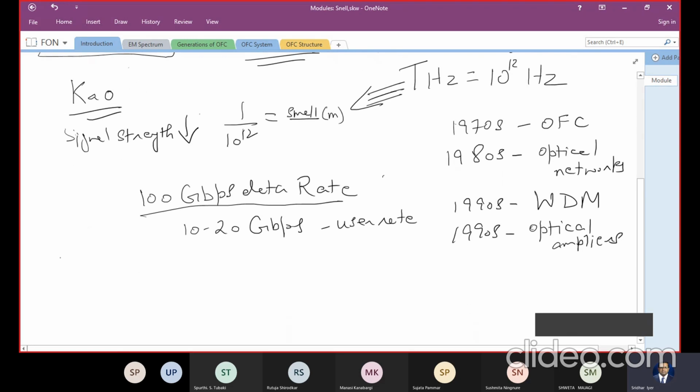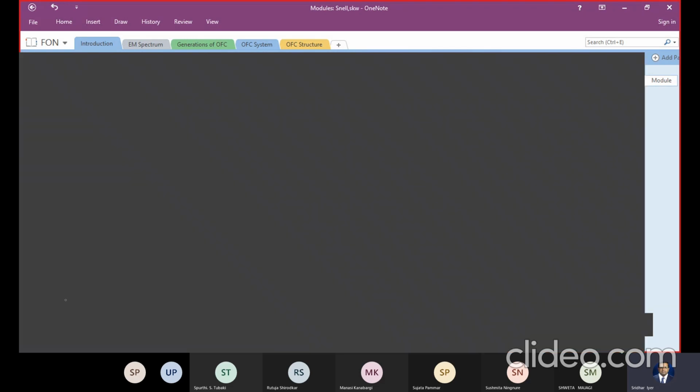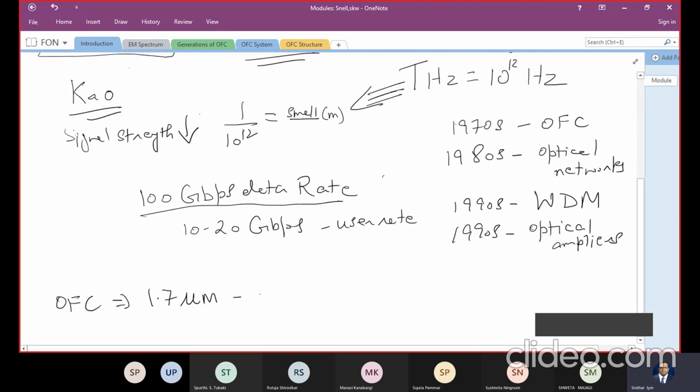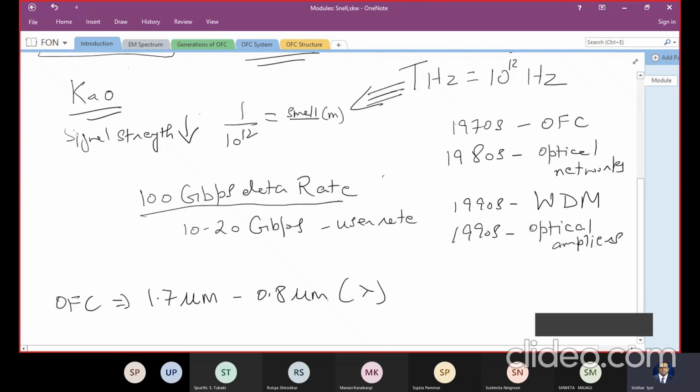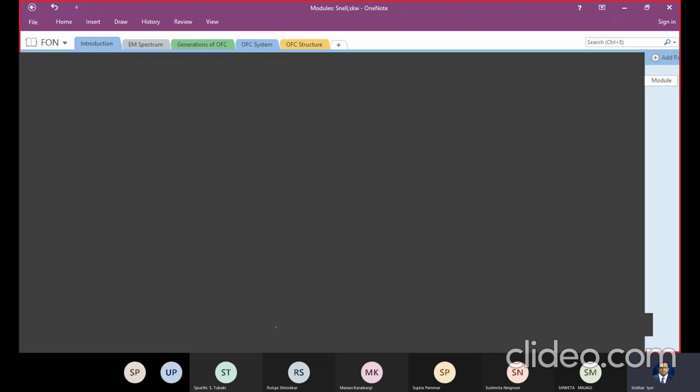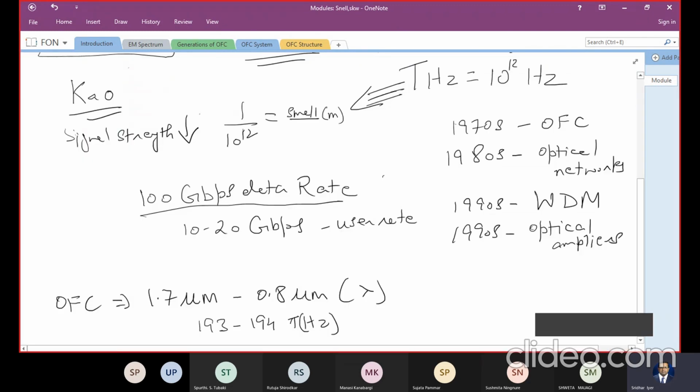In general, OFC will operate in the range of 1.7 micrometer to about 0.8 micrometer. This is in terms of wavelength. If I convert this into frequency, it is somewhere between 193 to 194 terahertz, right? So that's a very large bandwidth I'm looking at, very high frequency, therefore very large bandwidth.